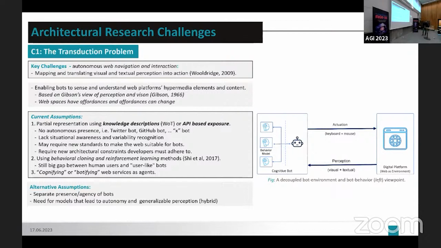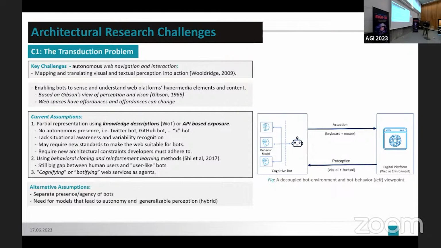The bots don't have autonomous presence or agency. They don't have knowledge of their environment, so they don't have situational awareness or the capability to understand the variability of web affordances. Most of the time they are like a GitHub bot or Twitter bot, attached to a platform.